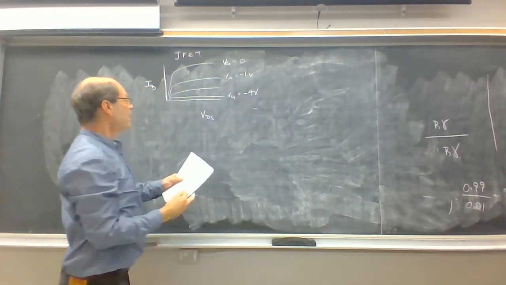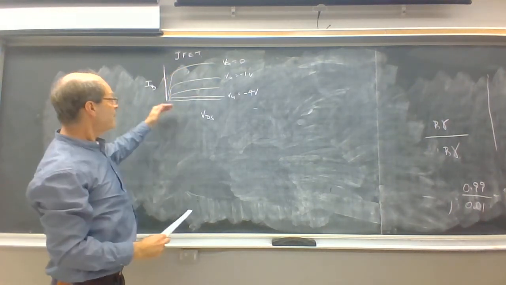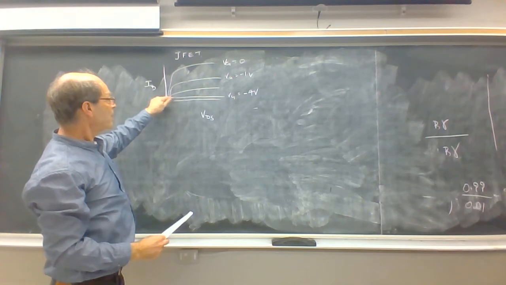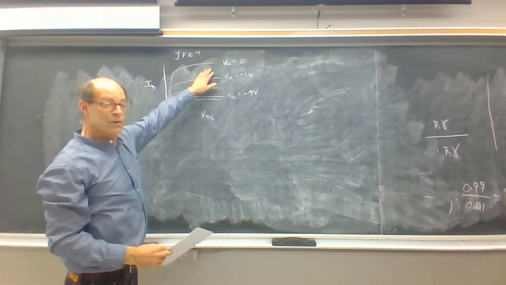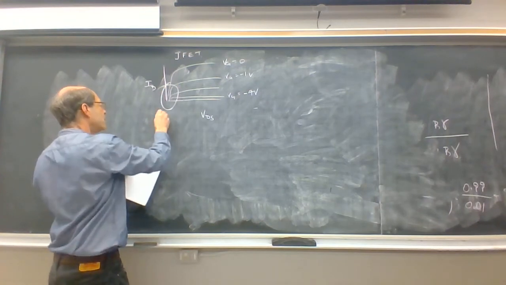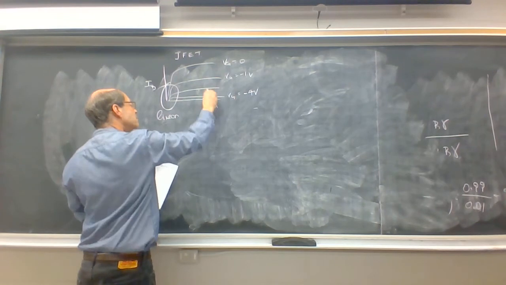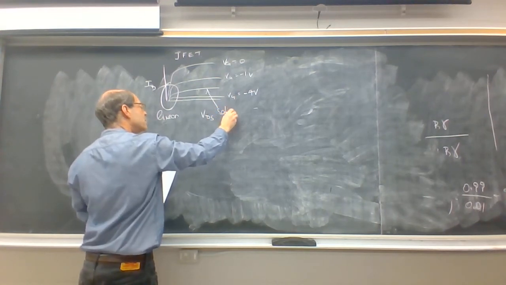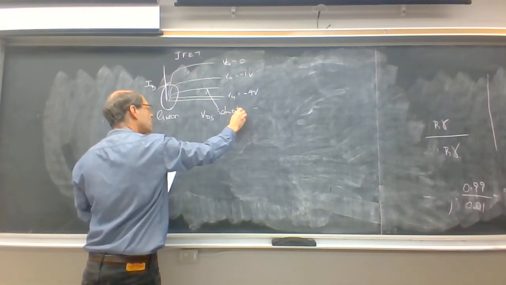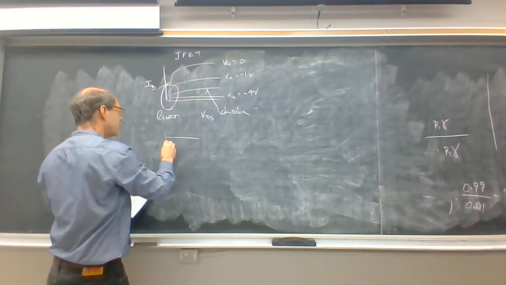So here are some of the curves for the JFET that I sketched just now. And you can see that the saturation regime exists, and you've got the linear regime down here. In the linear regime, the channel looks like this.